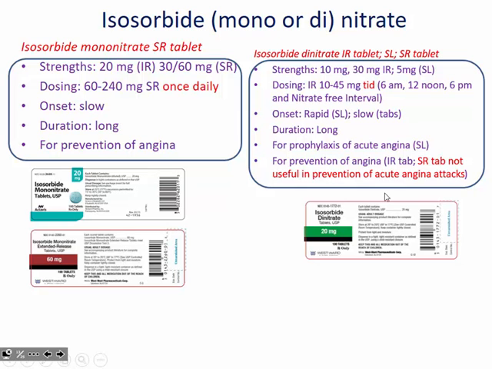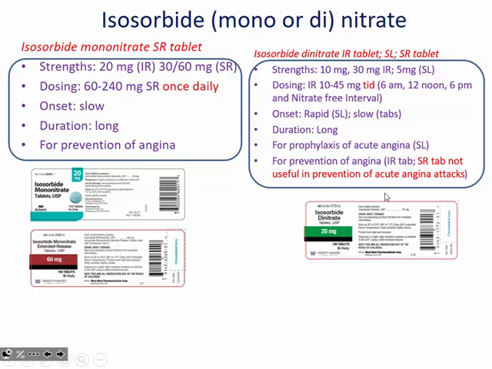If you think about the immediate release forms, since you're giving it as a tablet, it's going to take some time for onset. If you change from immediate release to sustained release, that changes the release pattern and extends the duration. But there's no rapid onset, so sustained release tablets are not really useful for acute anginal attacks.